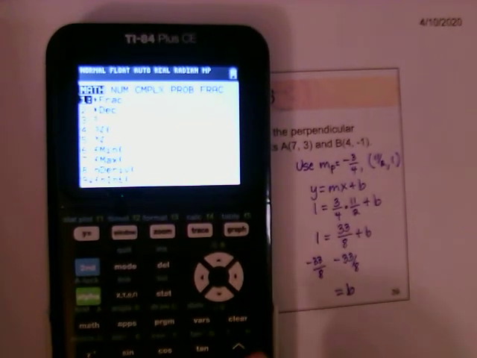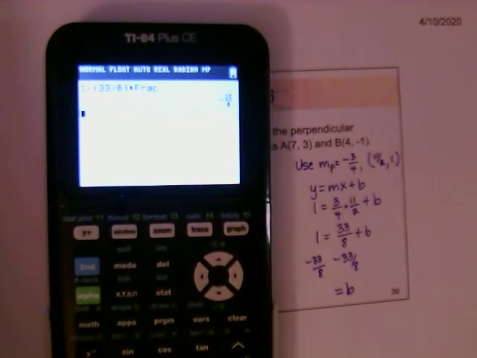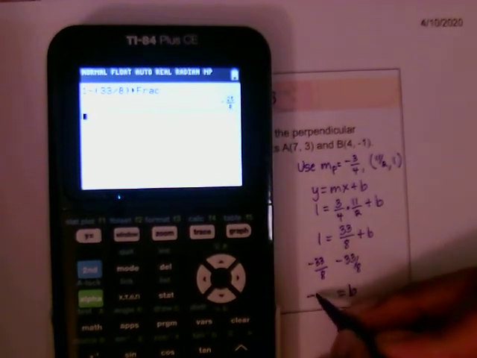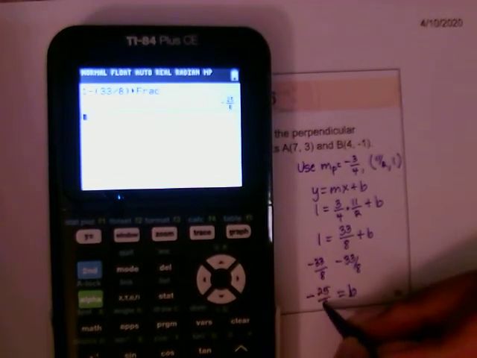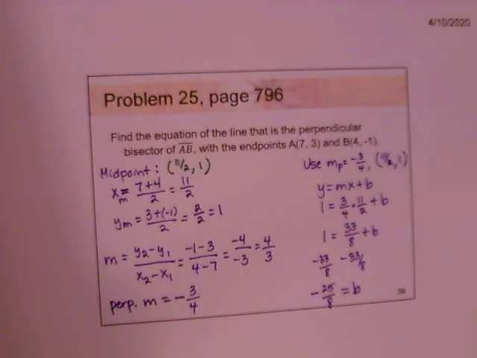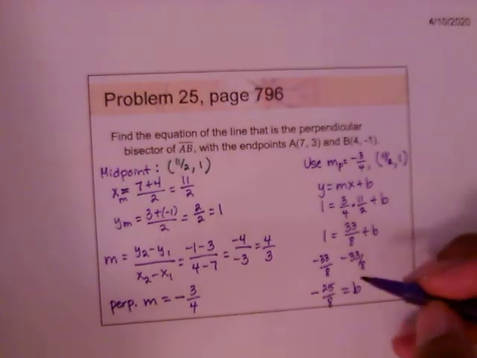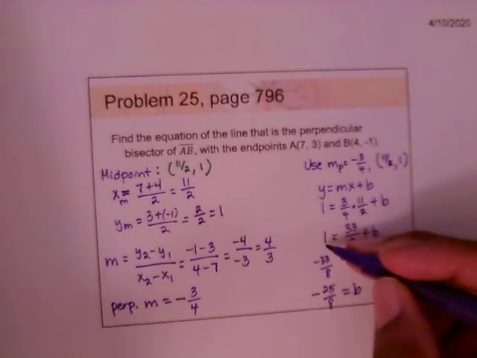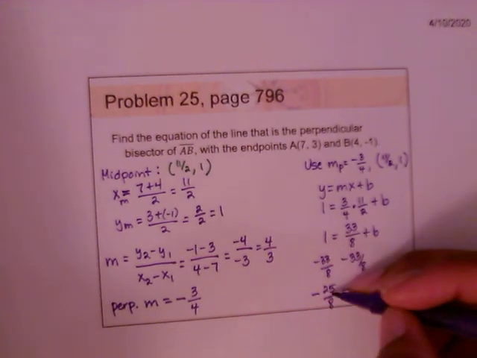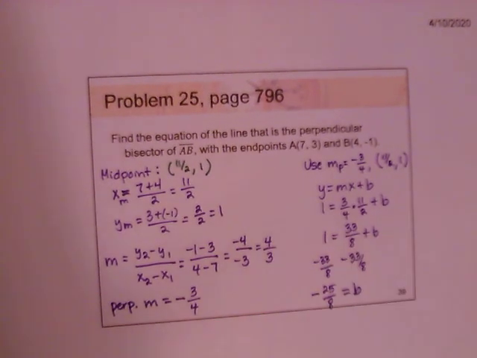I'm going to press that, and then fraction. This will give me a negative 25 over 8. That will be the y-intercept. Or do this. 1 whole would be 8 over 8. 8 minus 33 would be negative 25, and then you bring over the denominator of 8. So the y-intercept is negative 25 eighths.